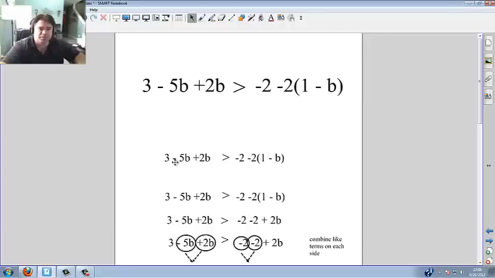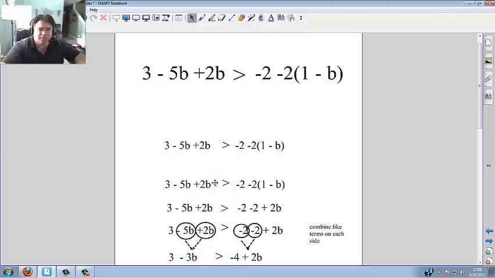This over here, I'm putting minus 5b and 2b together. So I'm going to go ahead and make this negative 3b, as you'll see here. This guy, what I've done is I'm going to separate this stuff and just put negative 2 times 1 and negative 2 times negative b. So basically, negative 2 times 1 becomes negative 2, and negative 2 times negative b becomes plus 2b.